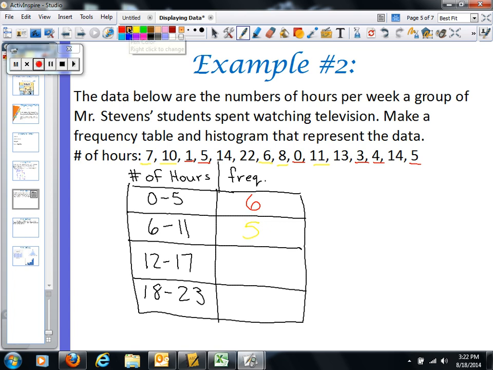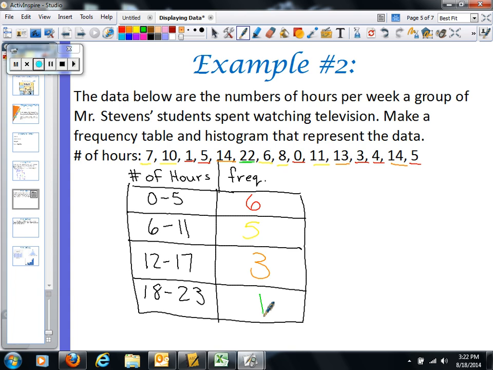Do orange, 12 to 17. You got 1, 2, 3. And last but not least, 18 to 23, you have 1, and that's all of our numbers. So here's my histogram. Or excuse me, here is my frequency table.